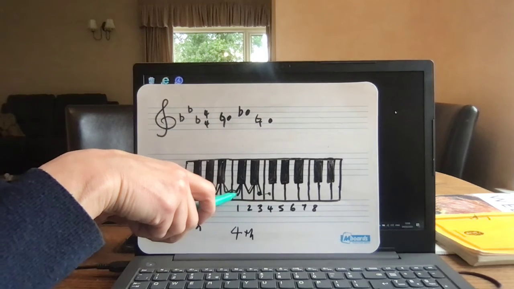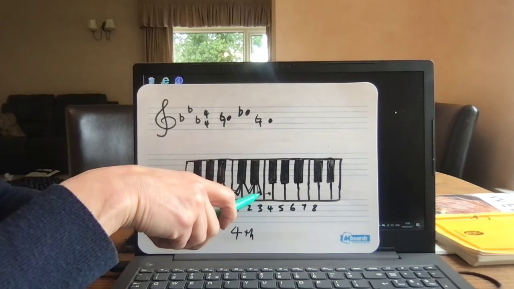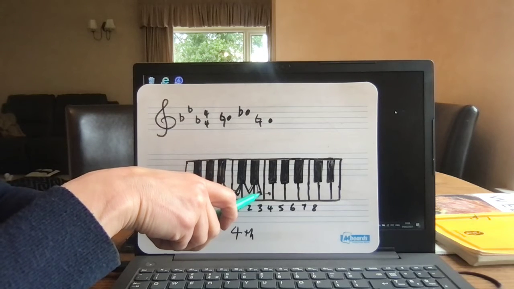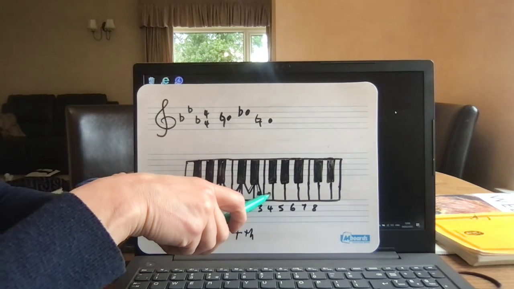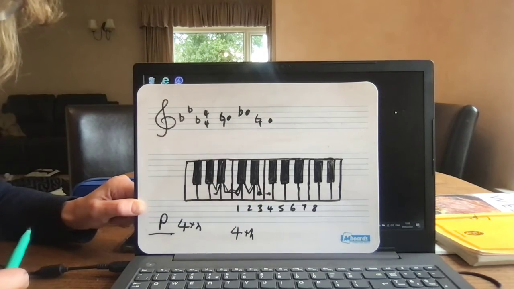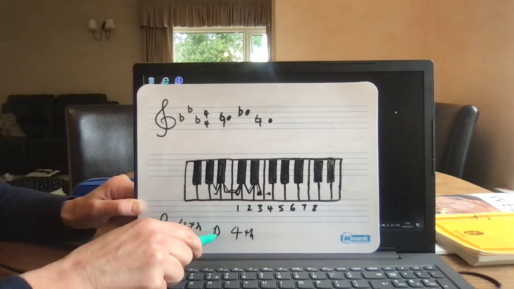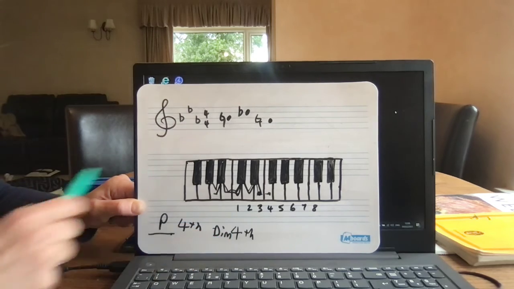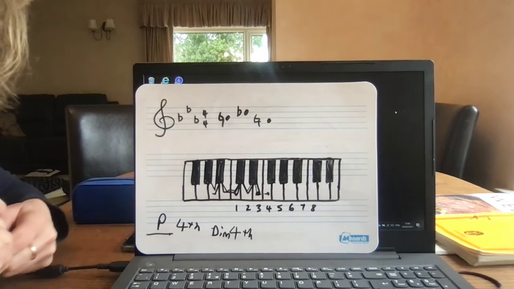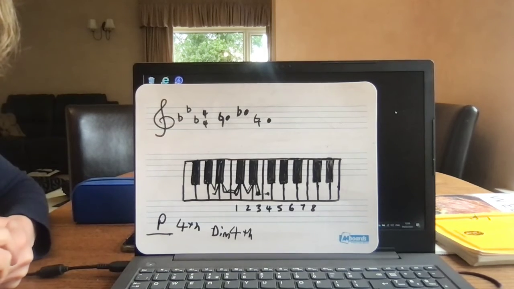Right, we're going from C to here, right? Well, it's definitely not a perfect fourth, is it? It's one lower than a perfect fourth. One lower than a perfect fourth is a diminished fourth, because there's no minors or majors with perfect intervals. You just go straight to diminished.